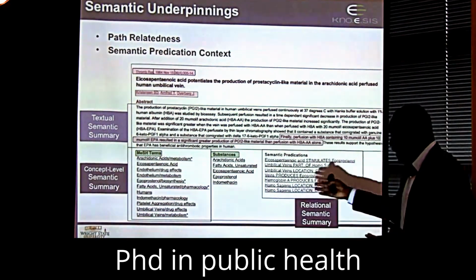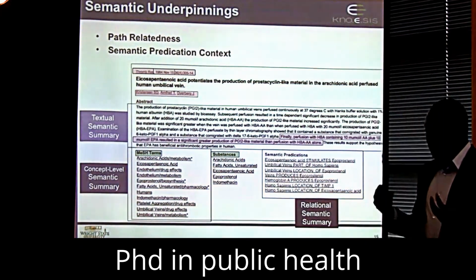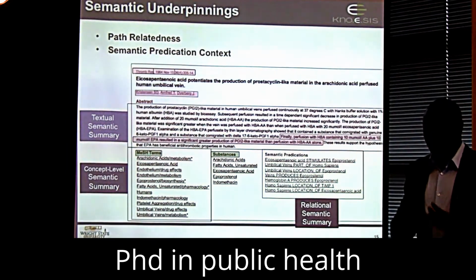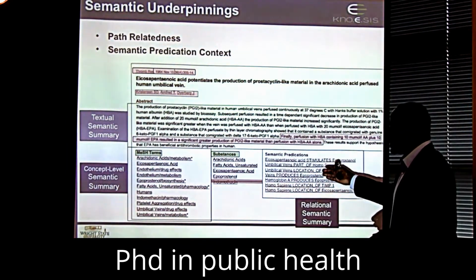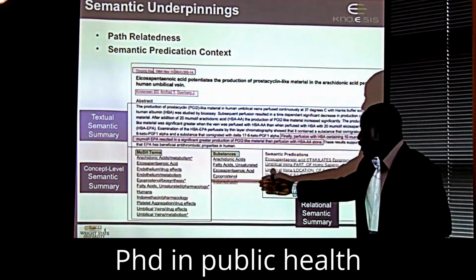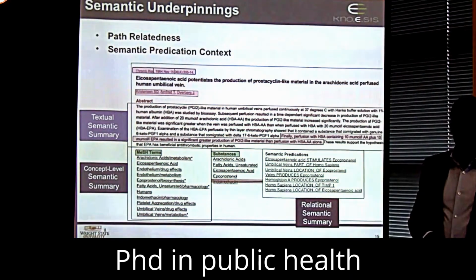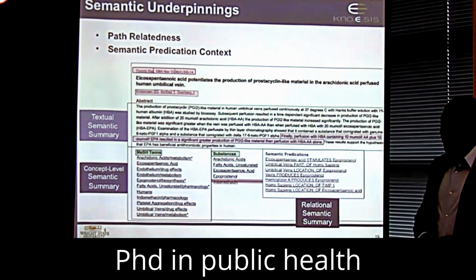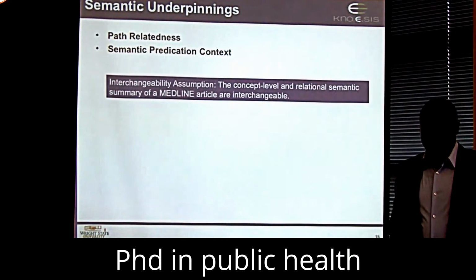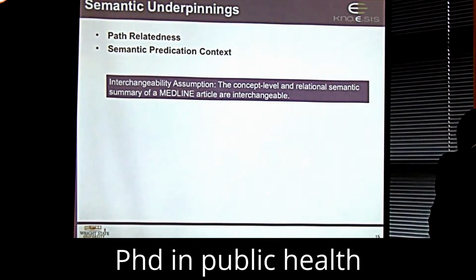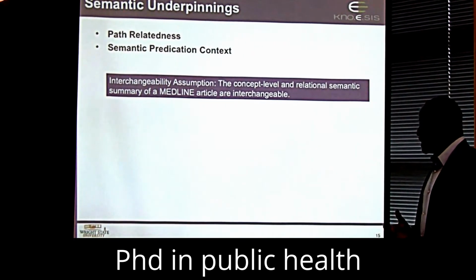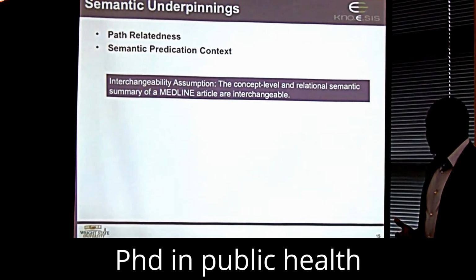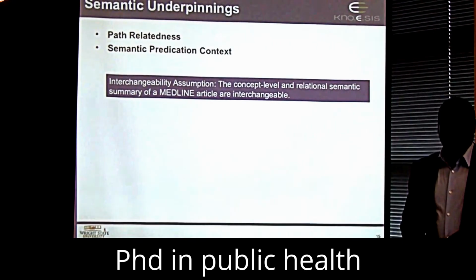Since the semantic predications and the MeSH terms we're considering to be equivalent, albeit not equal, then one might be able to represent the context of a semantic predication in terms of the MeSH descriptors that have been assigned to the article. This is the basis for our first assumption, the interchangeability assumption: that the concept-level and the relational semantic summary of a Medline article are in fact interchangeable.